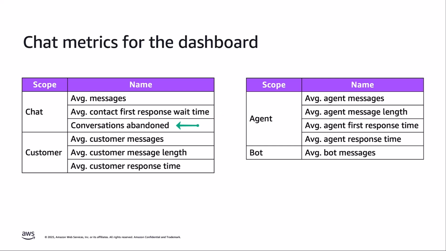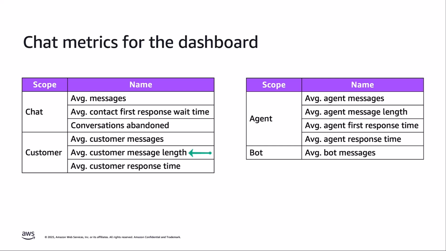Conversations abandoned measures the count of contacts where no messages were sent by either agent or customer or both. Now let's see the customer scope. Average customer messages is the average number of messages sent by customers in a contact.